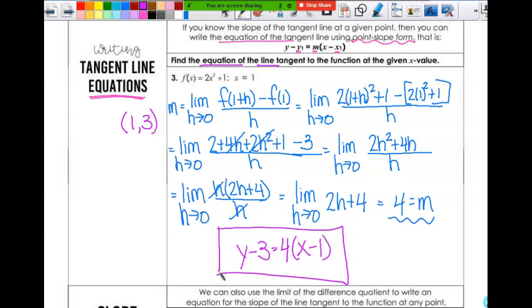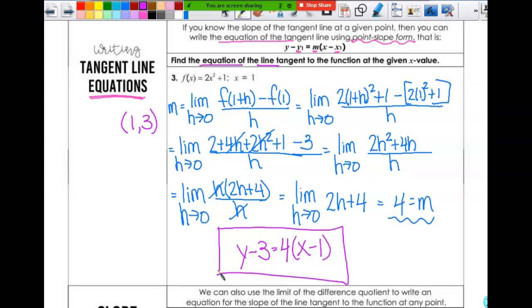It would be ridiculous for me to go any step further unless I absolutely had to. If I have to set it equal to y, then I can just add 3 to both sides and I'm done. You don't have to put it in y equals mx plus b form. That's more brain cells you're using and more opportunity for mistakes and bad things to happen. Okay. What questions do we have? Anything?